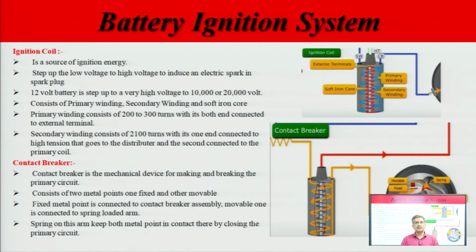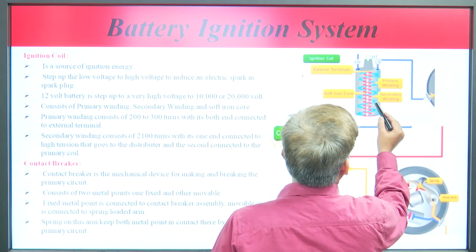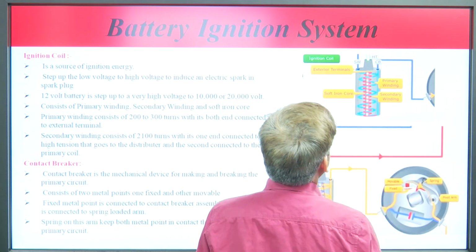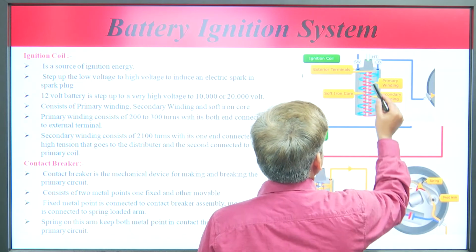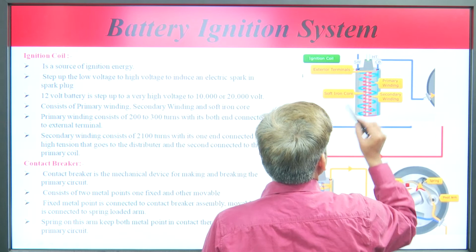The primary winding consists of 200 to 300 turns, as I have discussed, with both ends connected to external terminals. The secondary winding has 10 times that, as we have discussed. You can see in this diagram of the ignition coil, the red color shows the secondary winding and the blue color shows the primary winding, and these are the terminals for the primary winding, SW and CB.